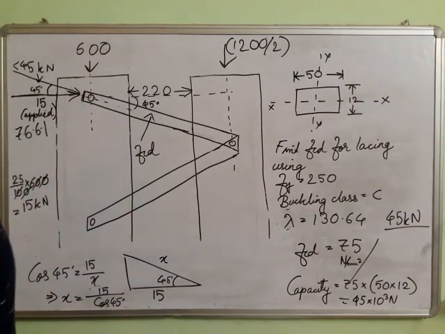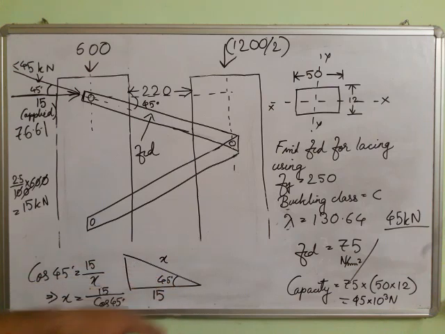So x becomes 15 by cos 45, which is equal to 21.21.